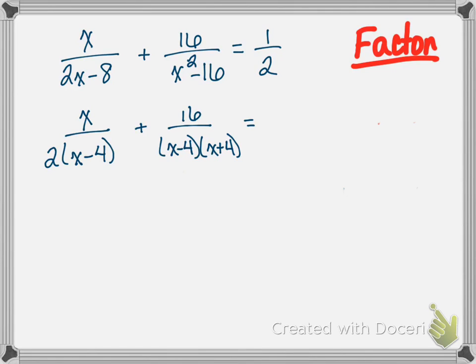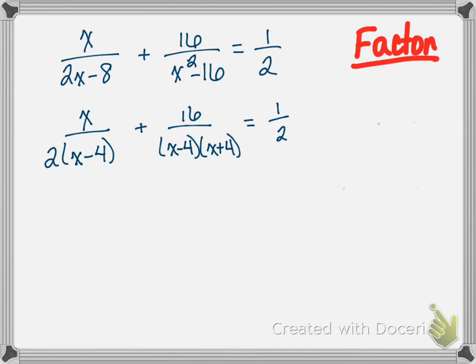Okay, can I break 2 down any? No. So when you end up with something like this, you're always going to want to factor first. Once we have factored, then we are able to determine our undefined value.